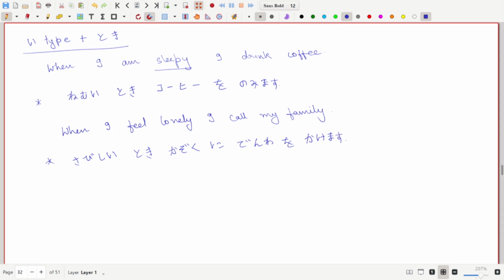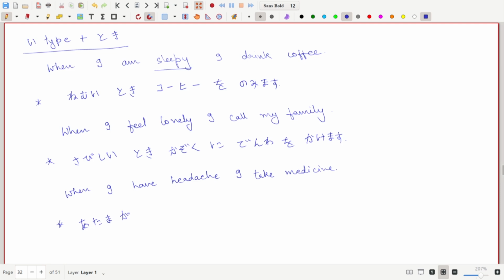Okay, we can take another example. When I have a headache, I take medicine. When I'm suffering from headache, I take medicine. So headache is like Atama ga itai desu.